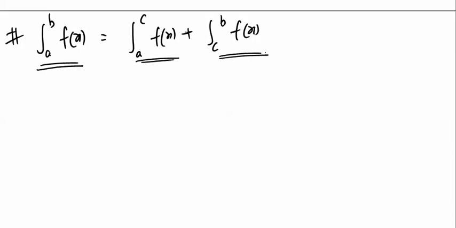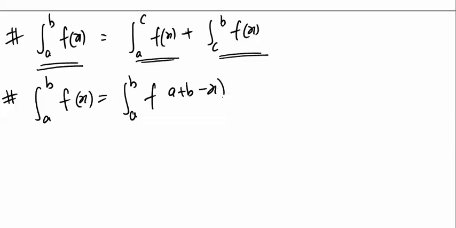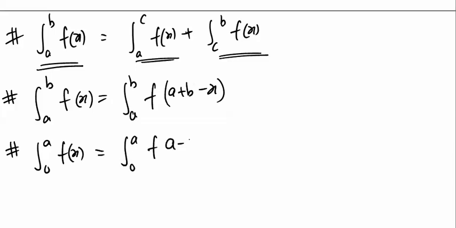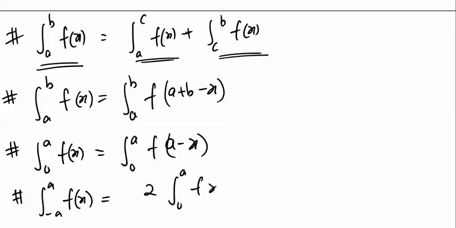So if you subdivide the areas, it is not going to make much difference. Similarly, the integral from a to b of f x can also be written as a to b of f of a plus b minus x, a standard rule. Similarly, the integral from 0 to a of f x can be written as 0 to a of f of a minus x dx, right?